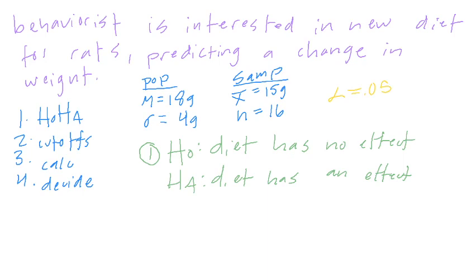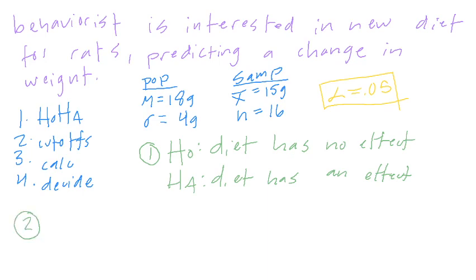But this is the most common, 0.05 and 0.01. So this is what we will use. This is what's given to you in the question. You'll have to come up with the hypotheses yourself. So that is our first step. Let's go ahead and try the next step. Let's see if we can establish some cutoff scores for this particular question here.